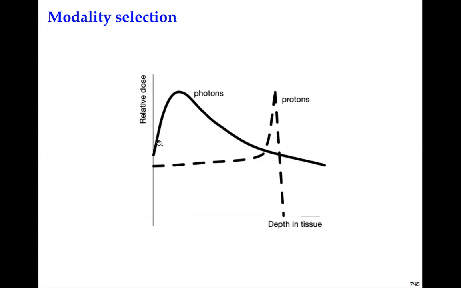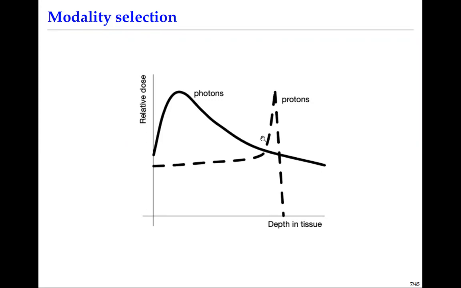You can see that the photon profile is much different from the proton profile. The photon dose deposited increases to this peak and then reduces, in particular exponentially, after that. Whereas for protons, it gradually increases, slowly, then has a very sharp increase, reaches this peak, and then has a very sharp drop. This peak is called Bragg's peak.